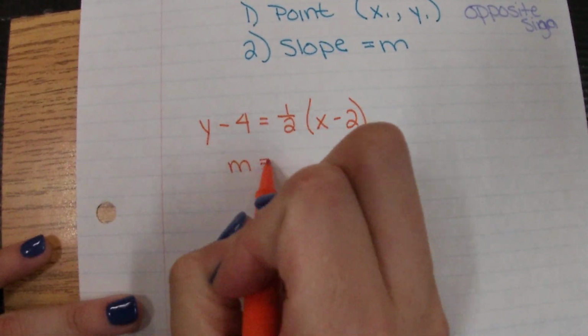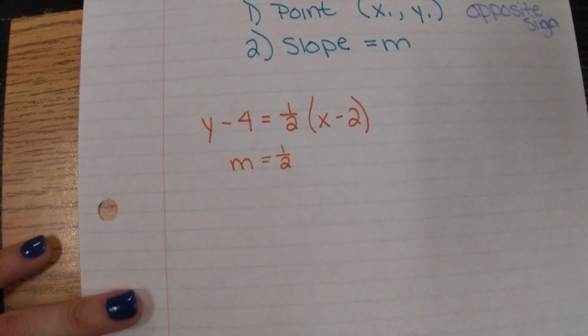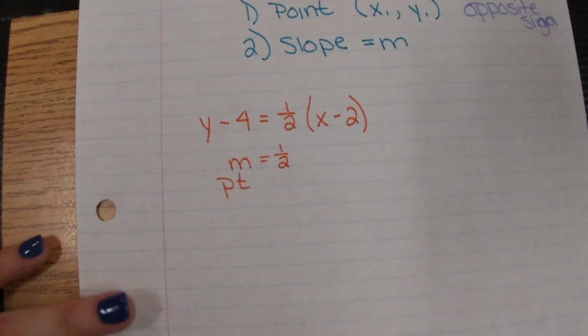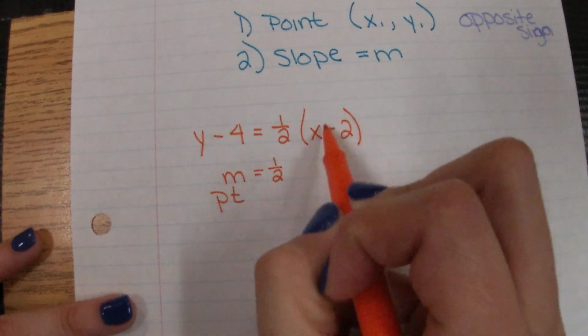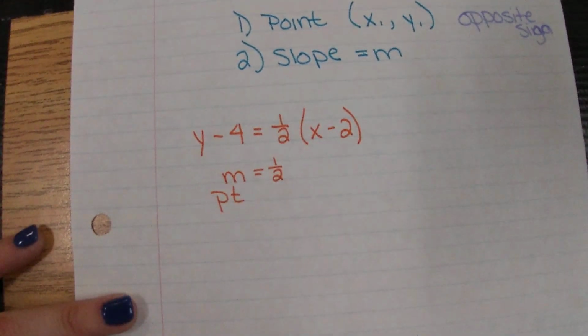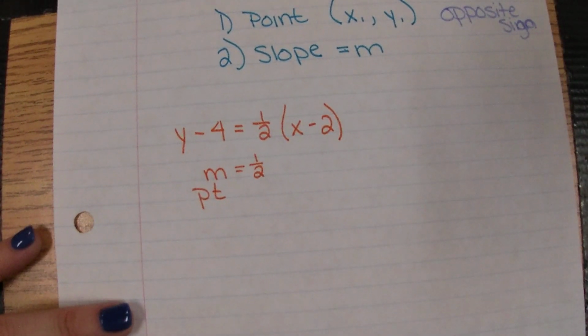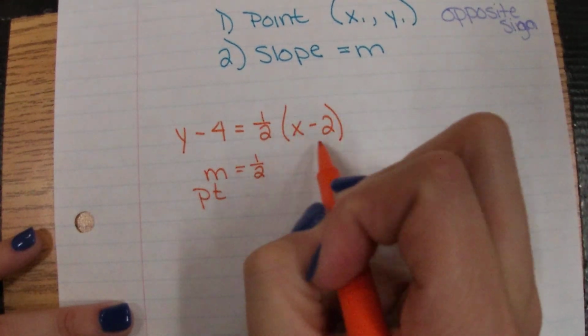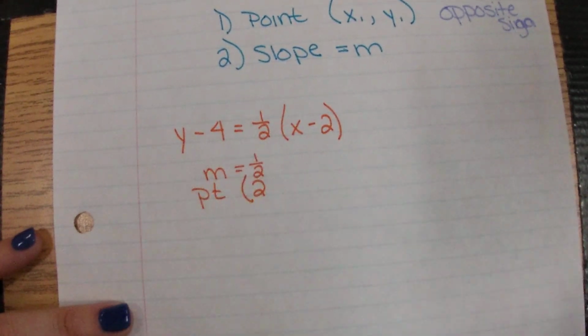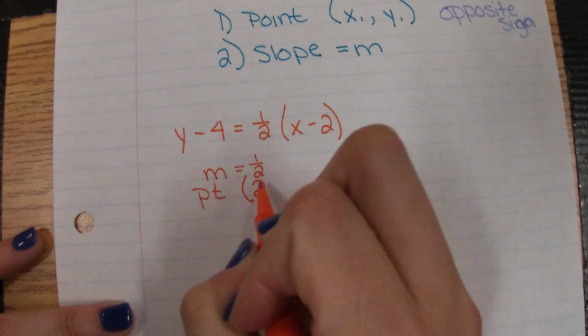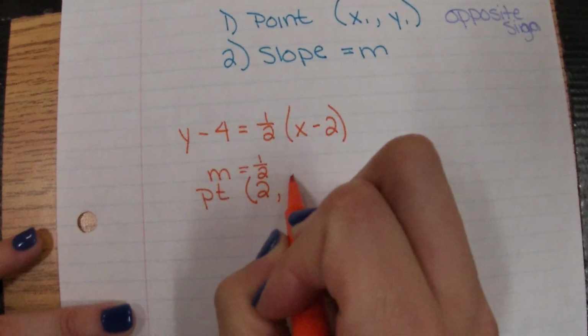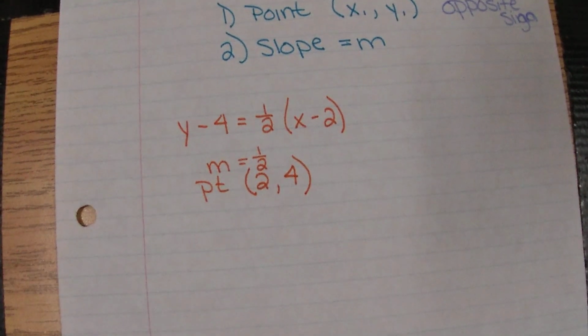So our slope is going to be 1/2. Now our point, again, is x comma y, where we are always taking the opposite sign. So if it looks like a negative, I need to write it down as a positive. So it's going to be a +2 and a +4.